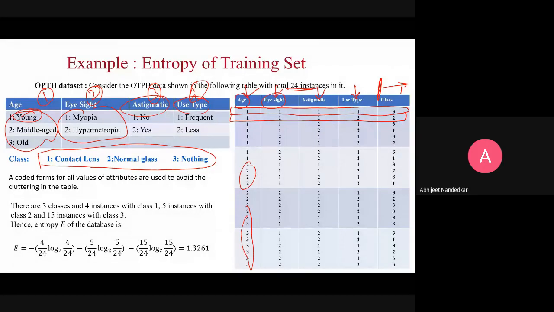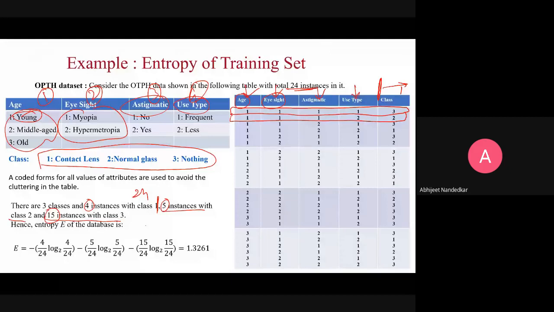If I write all the values here, it will be very difficult to understand, so I just code it accordingly. So there are 3 classes and 4 instances with class 1, 5 instances with class 2, and 15 instances with class 3. So out of 24, 4 with class 1, 5 with class 2, and 15 with class 3.